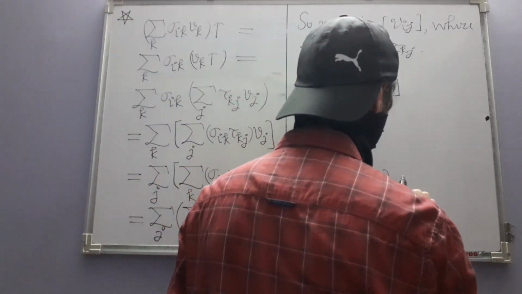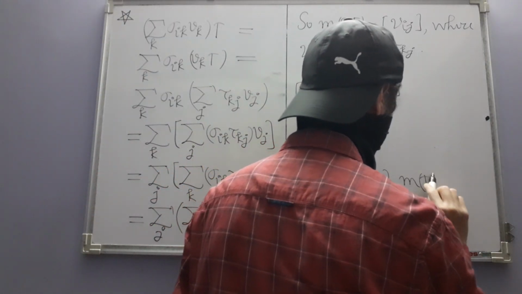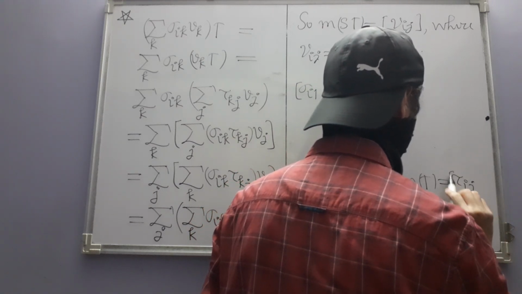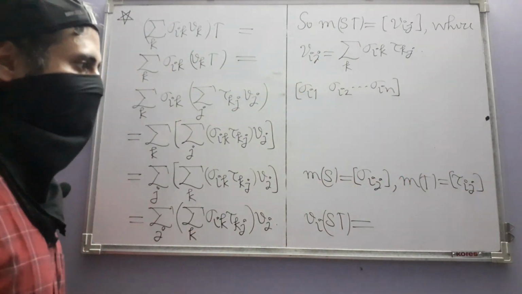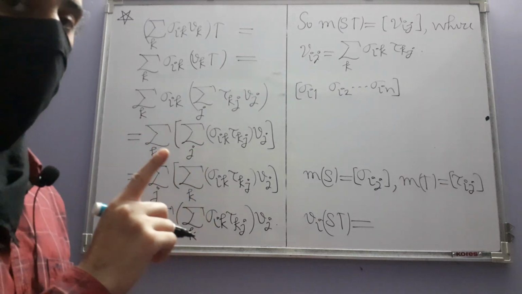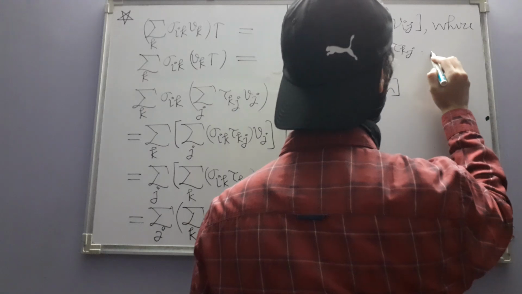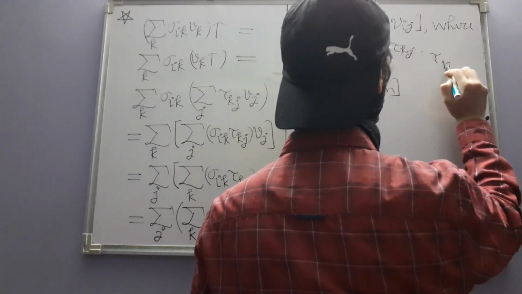Similarly, we also have the matrix of T whose ijth entry is τ_ij, and the jth column of that matrix looks like this.